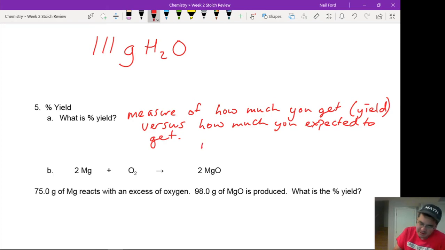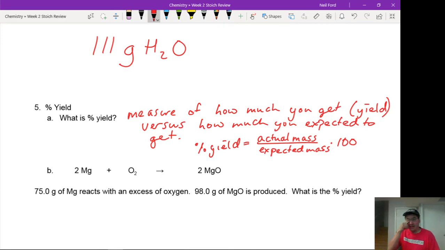So, percent yield, the formula is always, I guess it'd be how much you get. So what do we want to call that? Actual mass divided by the expected mass times 100.